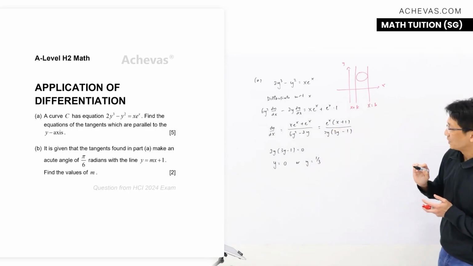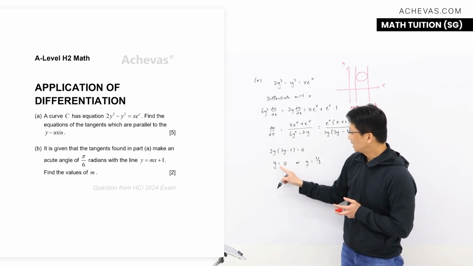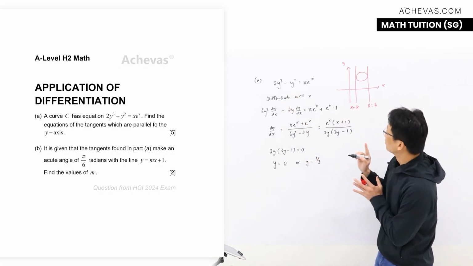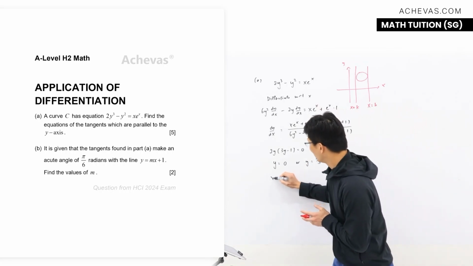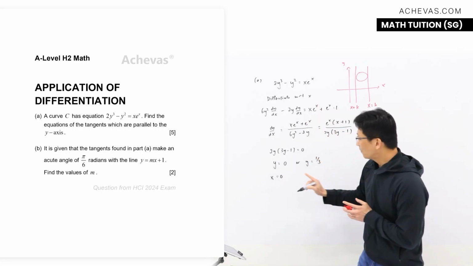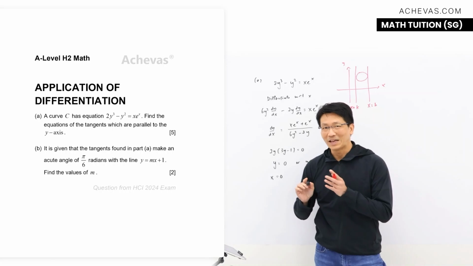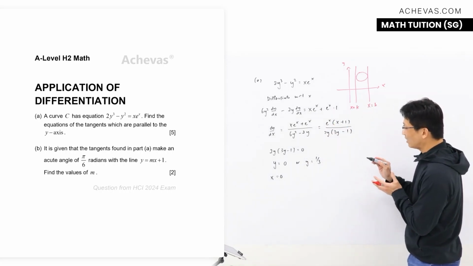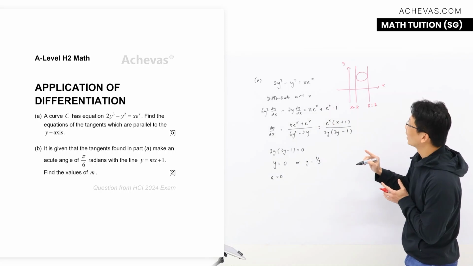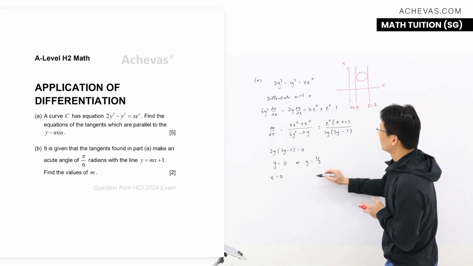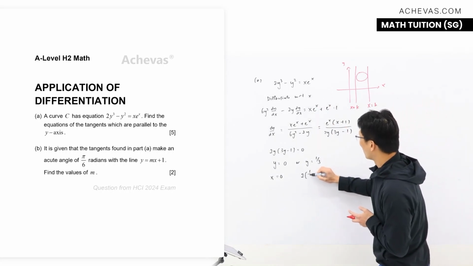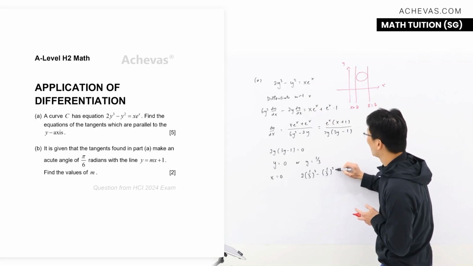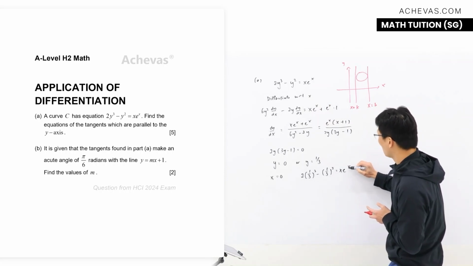And for y equals 0, I can just quickly sub this back into our original equation, which will get me x equals 0. So in fact, x equals 0 is one of the tangents that I need to find already. And for the other tangent, I'm going to sub y equals 1/3 into here. So I will get 2(1/3) cubed minus (1/3) squared equals x e to the power x.